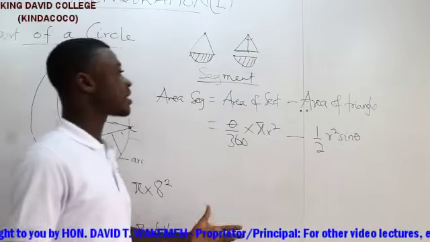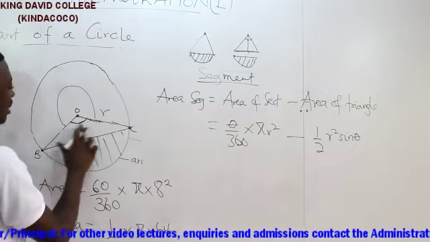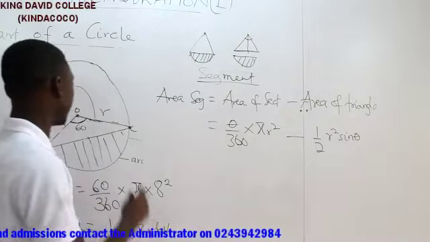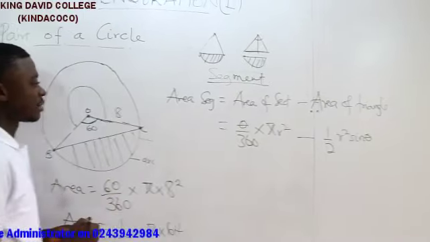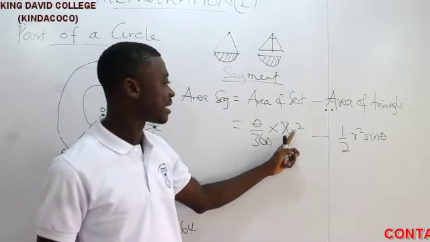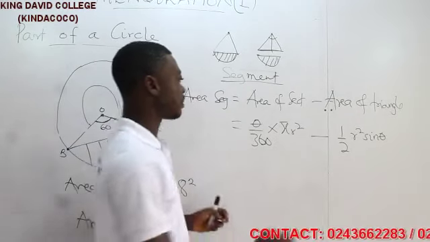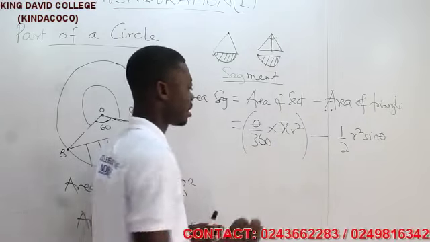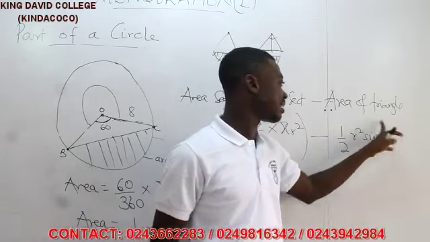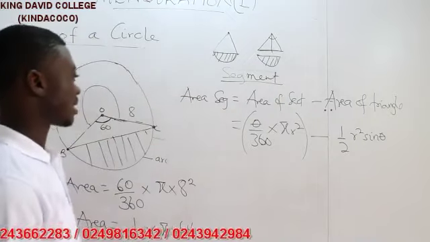Referring to our numerical example, where theta was 60 and the radius was 8, it's just going to be 60 over 360 times pi times 8 squared, all that minus, you can put this in a bracket if you want, half times 8 squared times the sine of 60.